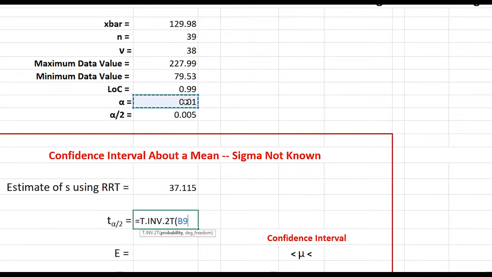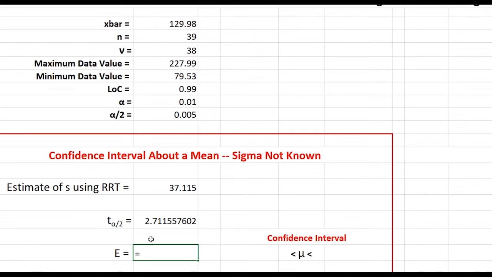To get t sub alpha over 2, we have equals T.INV.2T of probability, that's what I call alpha, if you remember, comma, nu, or my degrees of freedom. And then I close my parenthesis and press enter. And there we have the 2.711 number. And now I calculate E. This is just as easy as everything that I did before.